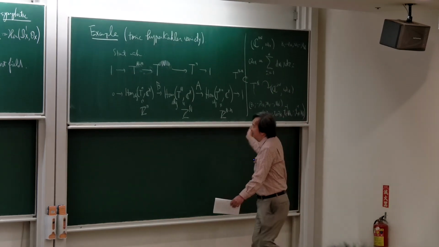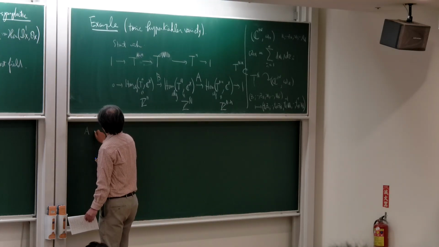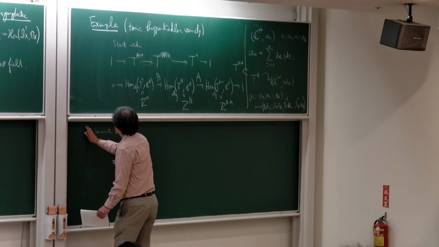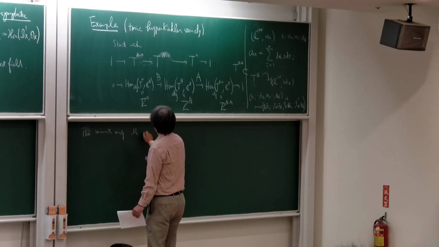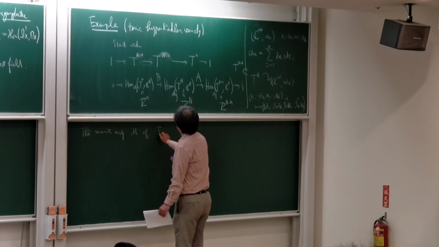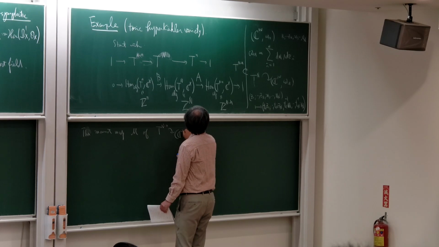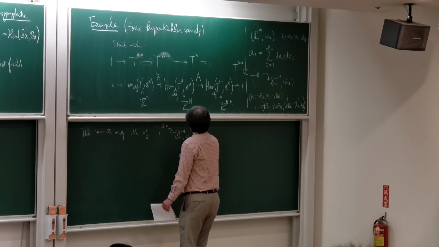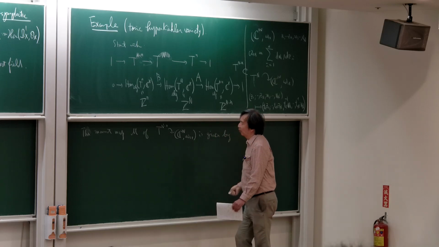So the moment map, let's say mu of this action, on C^{2N} with omega, is given in the following way.